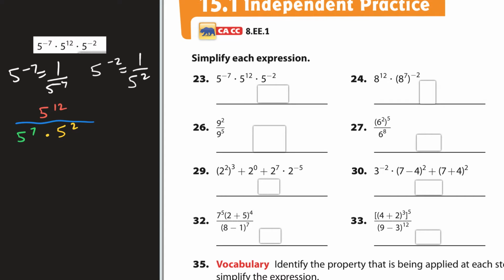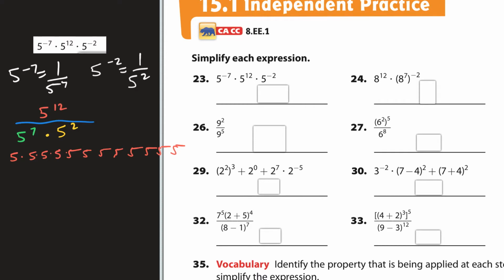And what we can do is we can see that 5 to the 12th would be 5 times 5 times 5 times 5 times 5... 1, 2, 3, 4, 5, 6, 7, 8, 9, 10, 11, 12. So there's 12 of them.